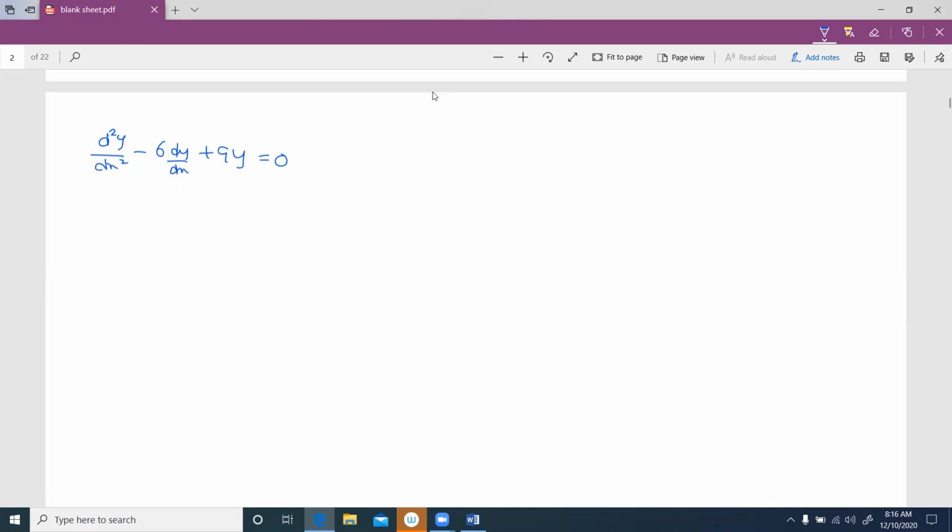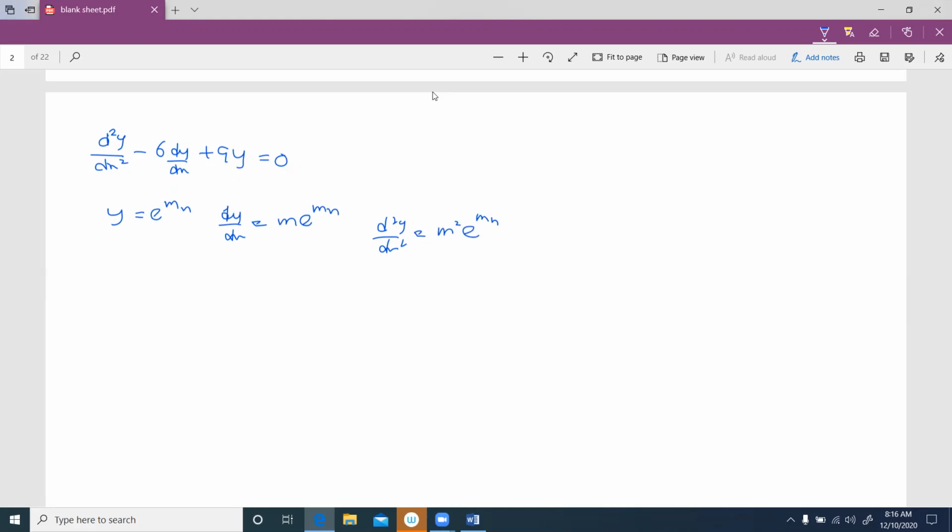This is the second type. If you take y equals e to the power mx, then dy by dx equals m e to the power mx, and d squared y by dx squared equals m squared e to the power mx.